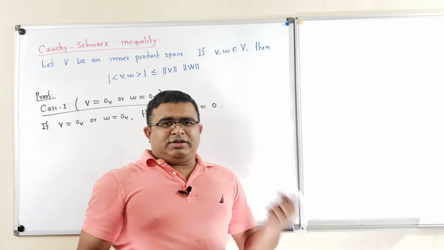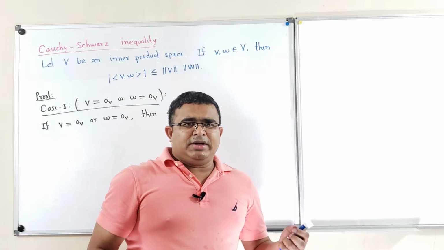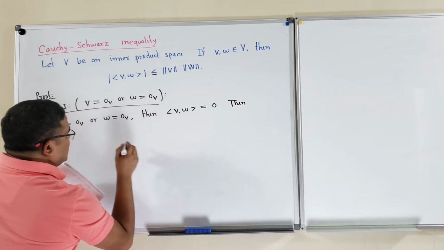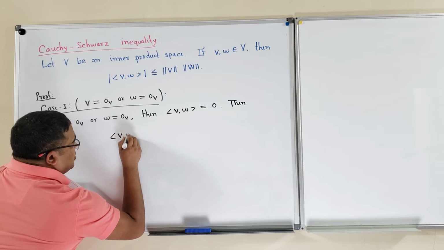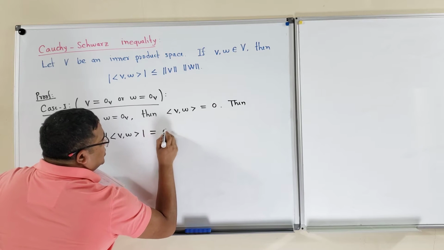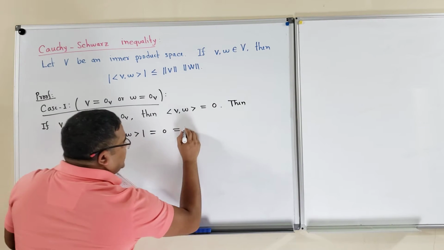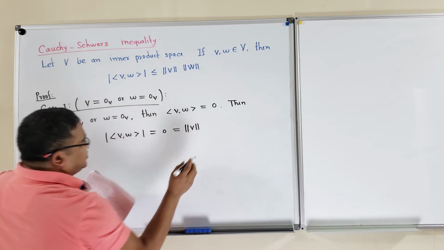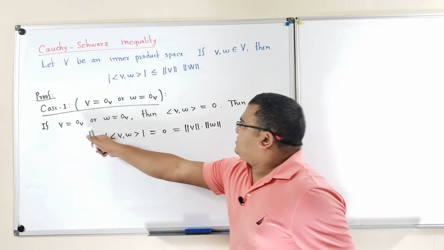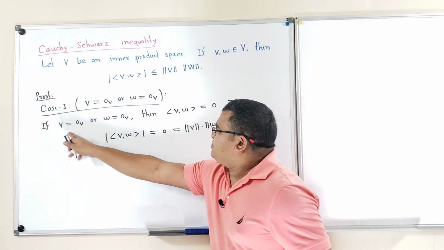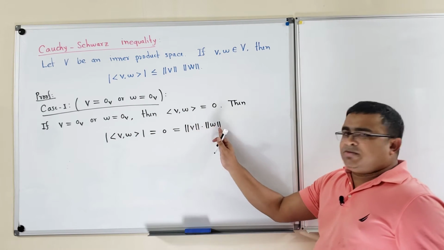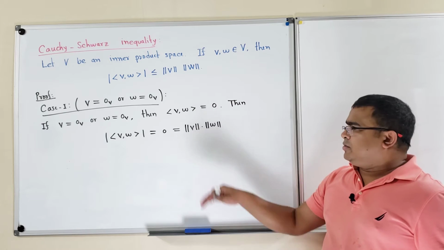Its norm would be 0, because the norm of a zero vector is 0. So then the absolute value of the inner product of v, w, which does not matter because it is 0, equals 0, which equals the norm of v times the norm of w, because either v is 0 or w is 0. If v is 0, then the norm of v is 0, and if w is not 0, then 0 times some non-zero number is also 0.